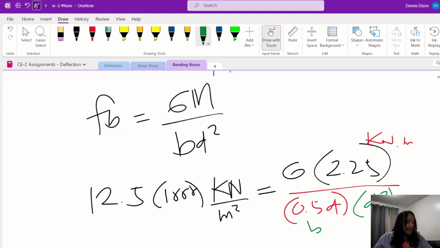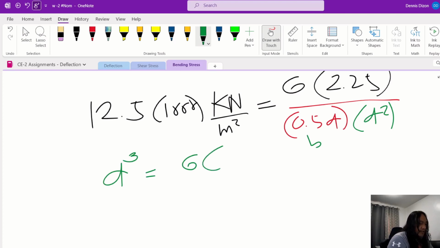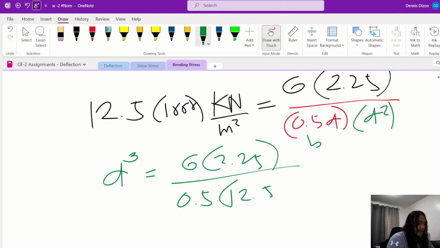Therefore, this is d cubed, equal to 6 times 2.25 divided by 0.5 times 12.5 times 1000.